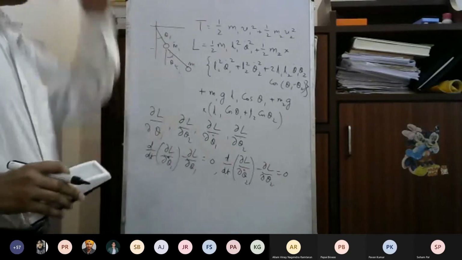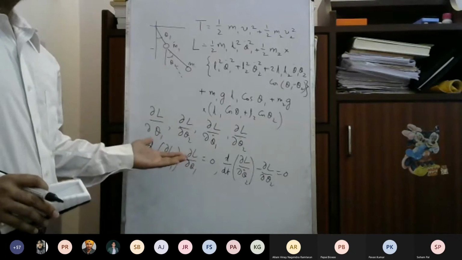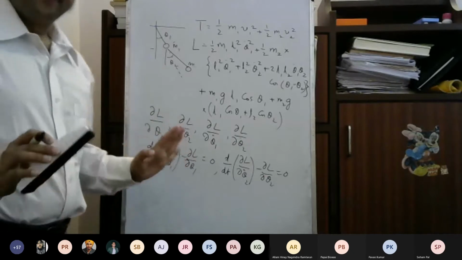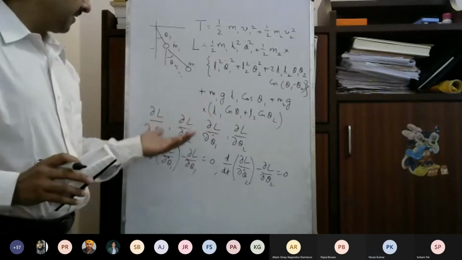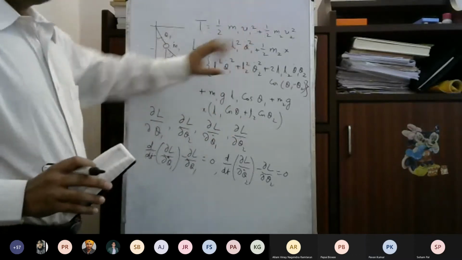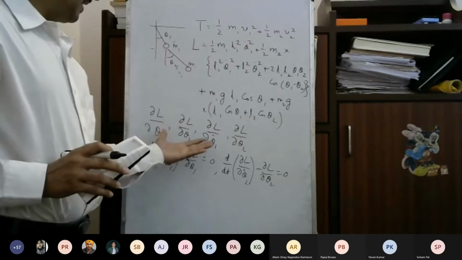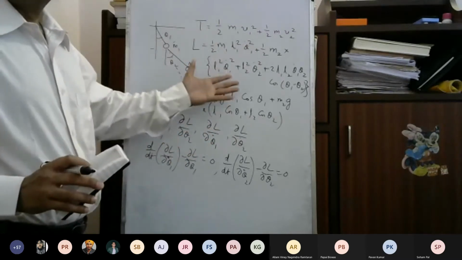These two equations will be our governing equations which we'll have to deal with. Understood the procedure? Yes. Well, I have not derived del L del theta 1 and theta 2. This part I leave to you. But I hope that you have understood the algorithm, the sequence of operations.